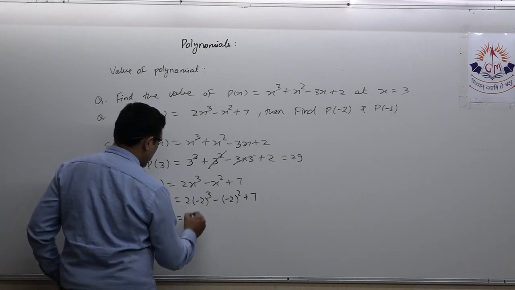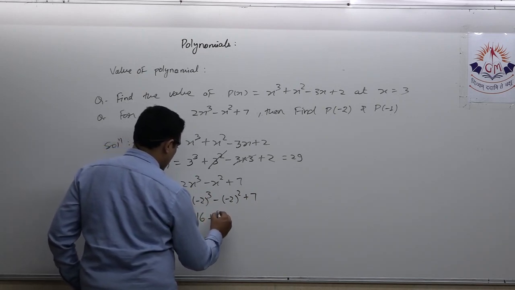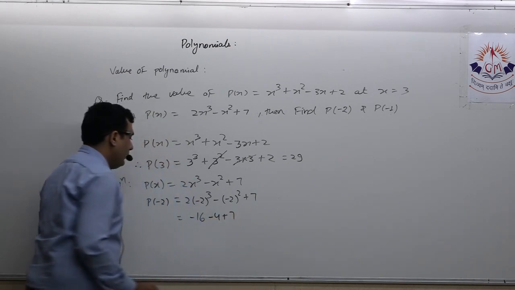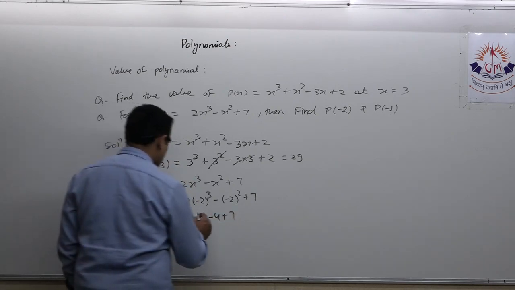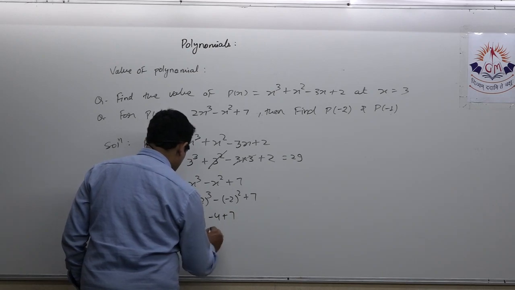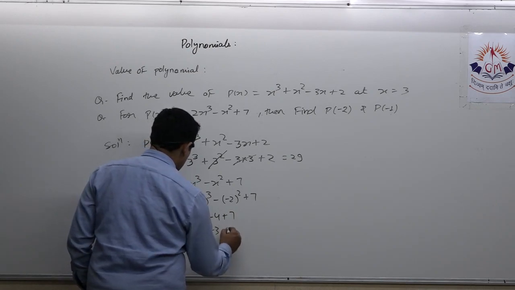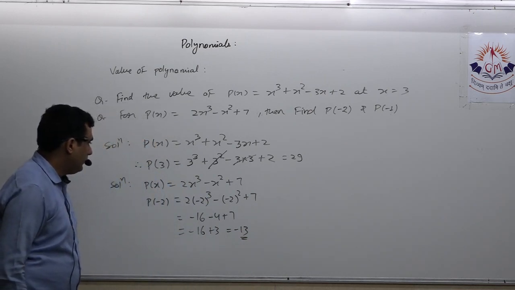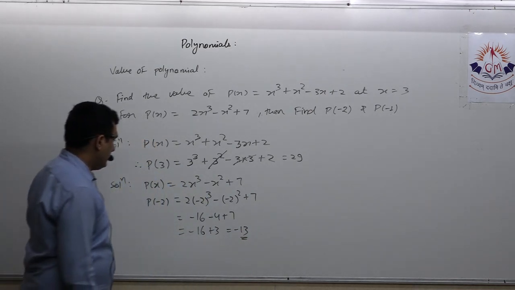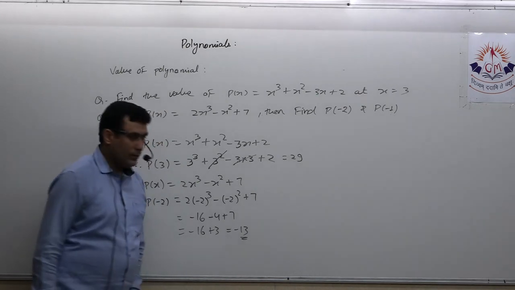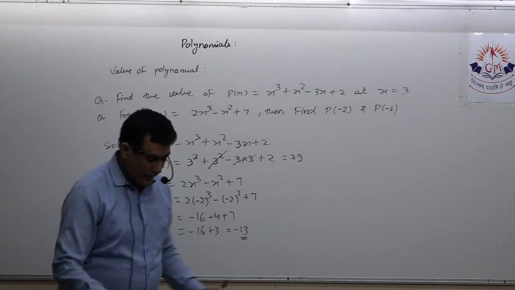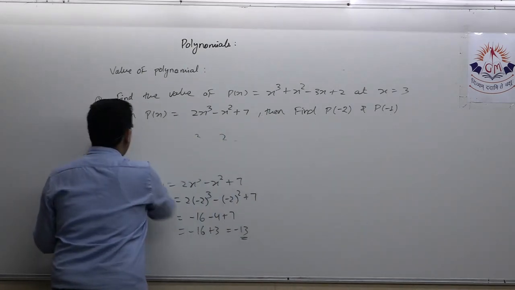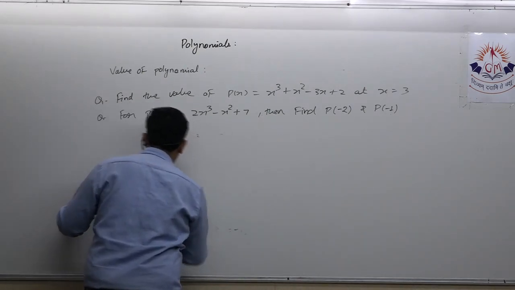So that gives you minus 16 minus 4 plus 7, that is minus 16 plus 3, minus 13 is the final answer. So this is the second concept, to find the value of a polynomial at a given value of the variable.